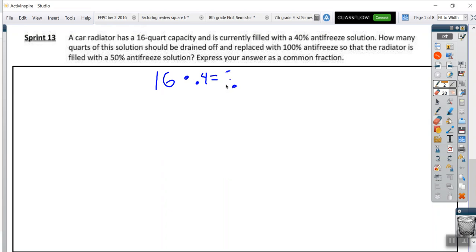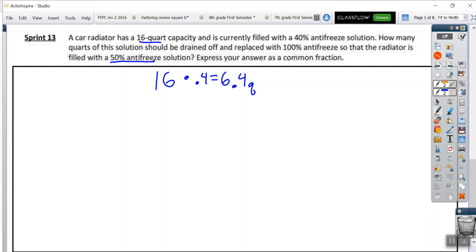I'll tell you why I heard 1.6, because that number comes up later. So that's 6.4 quarts of antifreeze, right? But if we want to get to 50% antifreeze in a 16-quart capacity tank, you need to add 1.6.